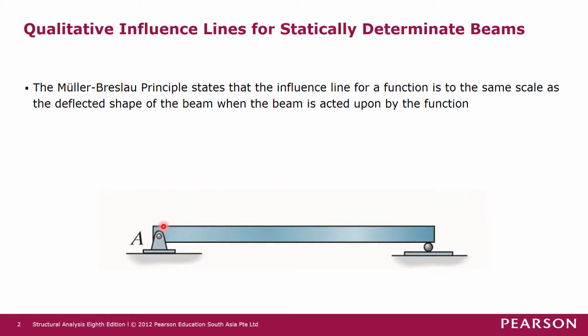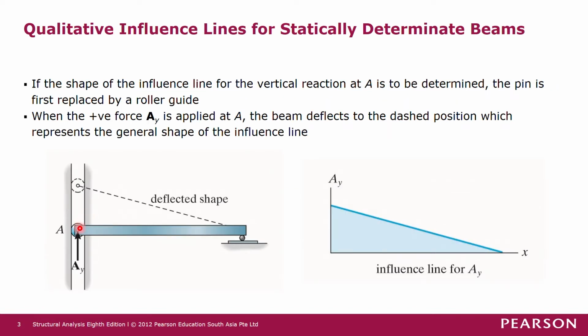So initially we have a simple beam like this, where we have a pin support at A. If we're interested in the influence line of the support reaction in the vertical direction at A, then we replace the pin support with a roller guide like this, where it can move in the direction of the action of the reaction AY in the vertical direction.